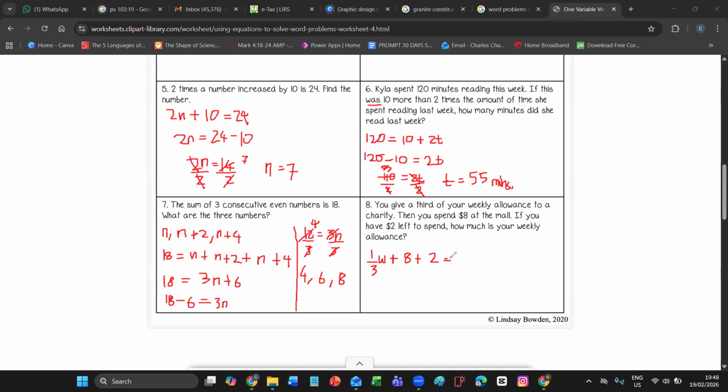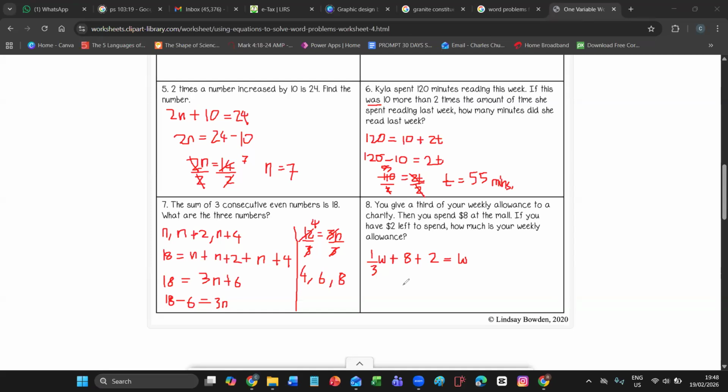And when you add all this, it should give you back W, the weekly allowance. Am I right? Yes, sir. All right. This 8 and 2, they are free to go together, right?